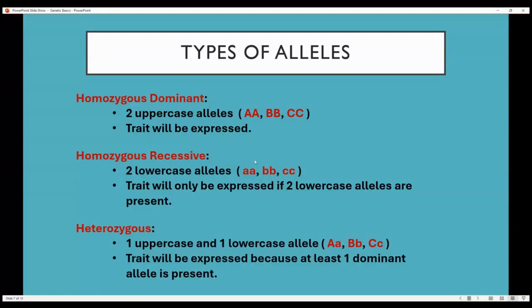So they need two lowercase letters in order for that trait to be expressed. Heterozygous is when there is one uppercase allele and one lowercase allele. So one uppercase, one lowercase. And the trait will be expressed if at least one of those alleles is dominant.